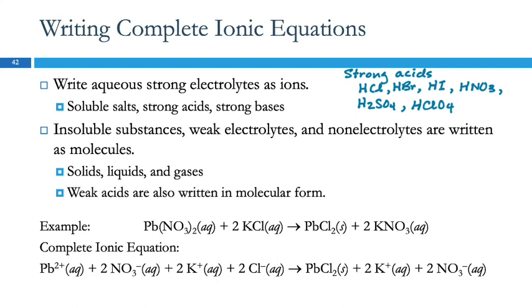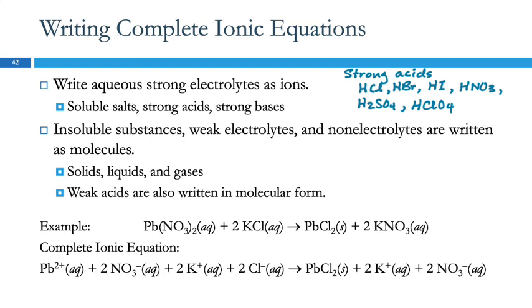Strong bases, the only strong bases we're going to run into are also soluble ionic compounds, so we don't need to worry about that. Anything that's insoluble, like a solid, or a non-electrolyte, like a liquid or a gas, or a weak electrolyte, like a weak acid, is going to be written as molecules.